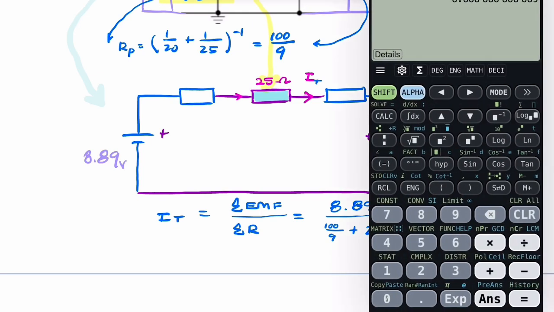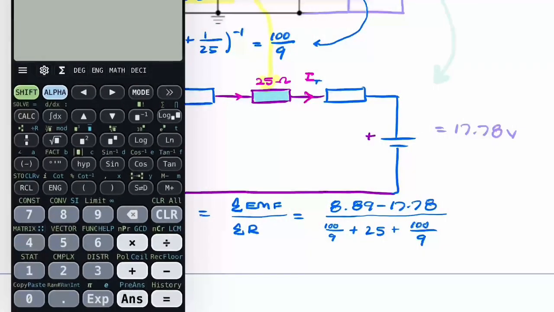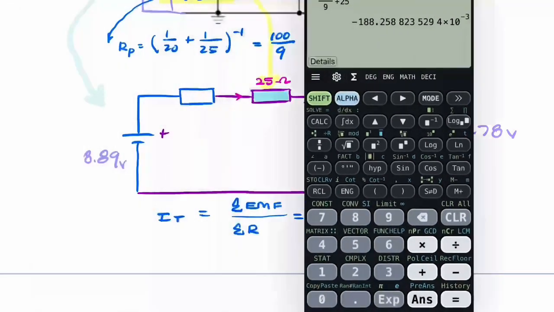So if you do that calculation, 8.89 minus 17.78 over 200 over 9 plus 25. That gives you 188.3 milliamps.